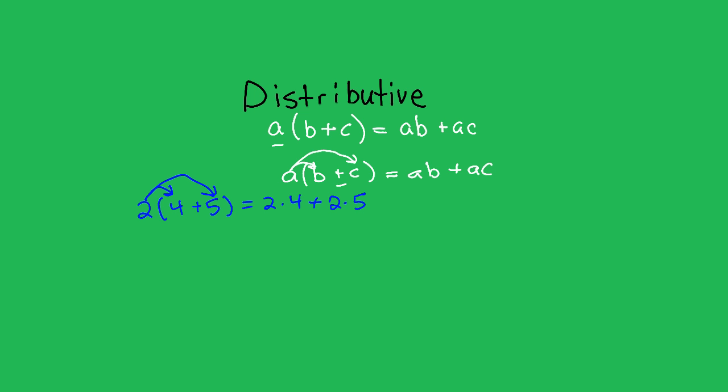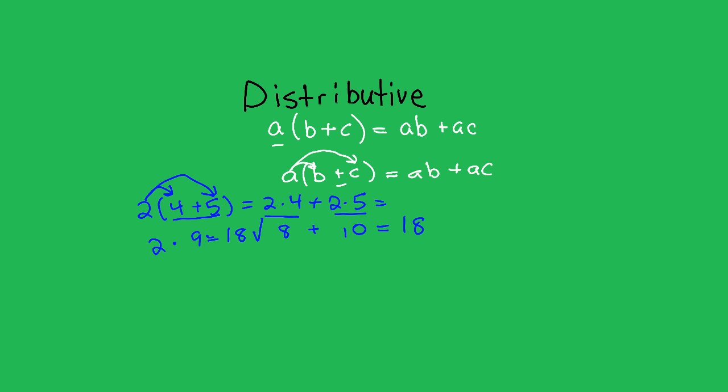And then we just multiply before addition, order of operations, to get 8 plus 10, which equals 18. And we can check this by adding what's inside the parentheses first. So we get 4 plus 5 to get 9, and then multiplying that by 2 to get 18. So we can see that this checks out and the distributive property is indeed true.